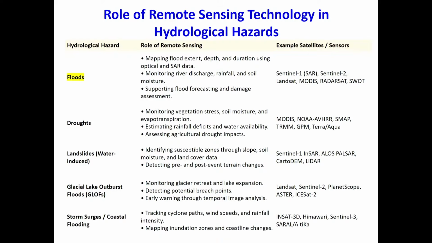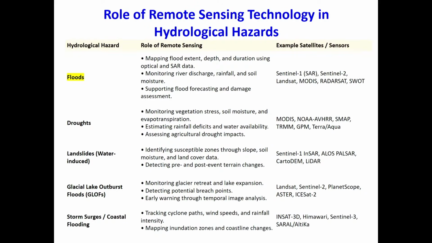In case of floods, mapping of flood extent can be done, depth, duration, monitoring of the river discharge, rainfall, soil moisture, support for flood forecasting and damage assessment. Droughts: monitoring vegetation stress, soil moisture and evapotranspiration, estimating rainfall deficits, water availability, assessing agriculture drought impacts.